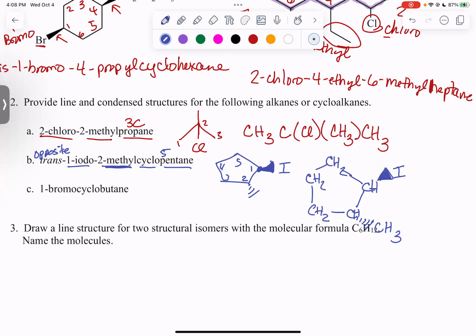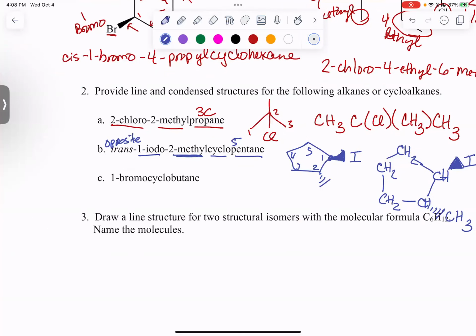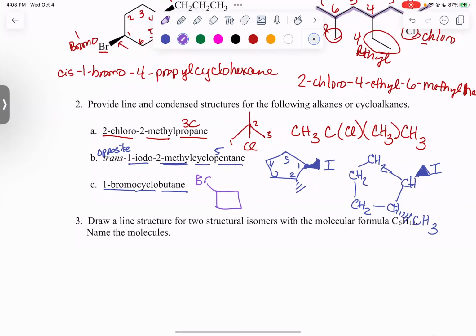Okay. All right. 1 bromo. So carbon number 1, we have a bromo. Cyclo, that's a ring. And butane is 4C. It's 4 carbons. So 4 carbons is a square. 1 bromo, pick anywhere. Bromine. So how would you do that as condensed?